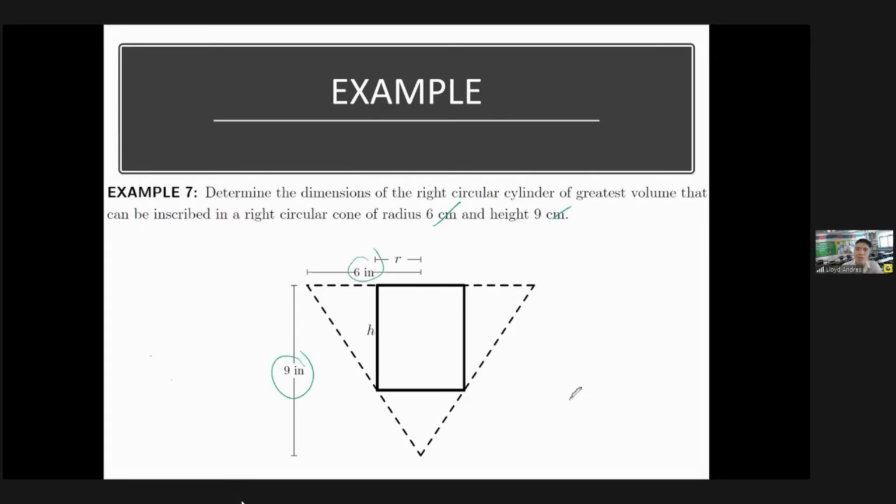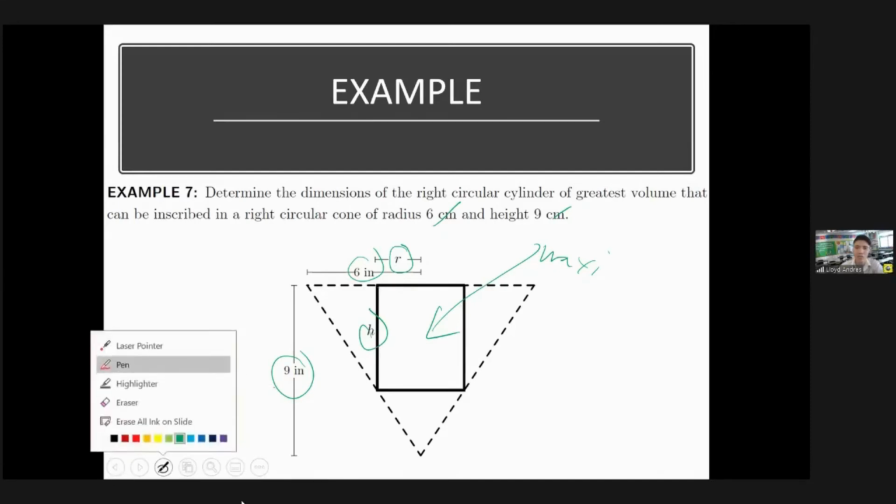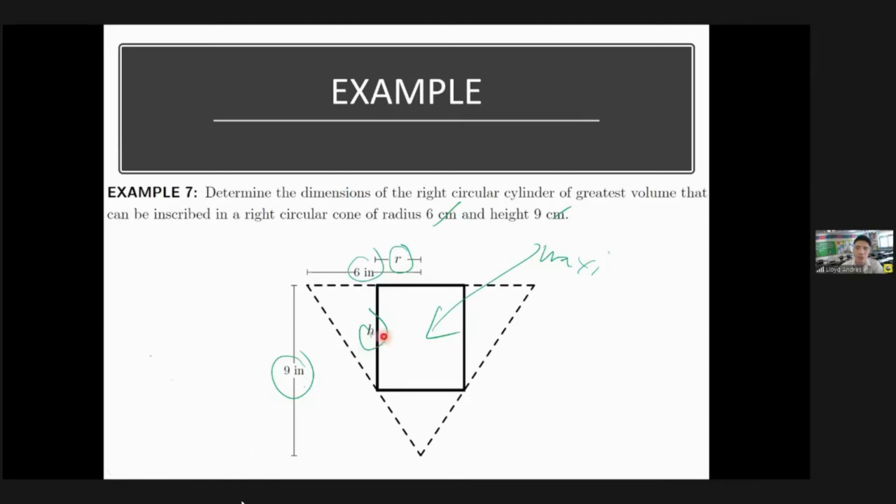Mao to nahibal-an, but ang question is unsa kaya ang height sa cylinder o sa radius sa imong cylinder dapat, maximum. Maximize nato ang volume. So another optimization problem. So to solve that, let's follow the steps. So ang first step again is drawing. So okay na ang drawing.